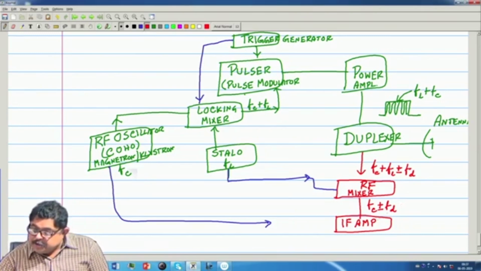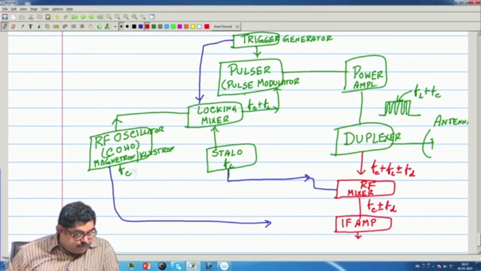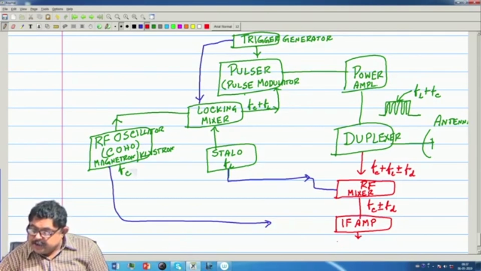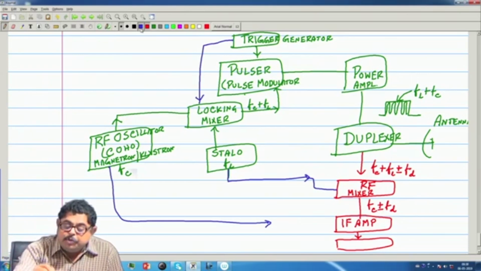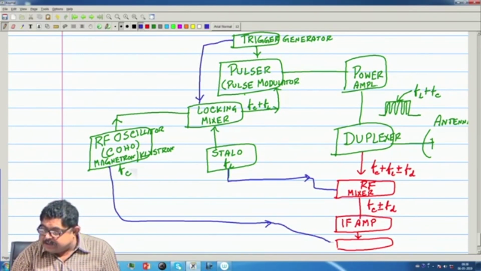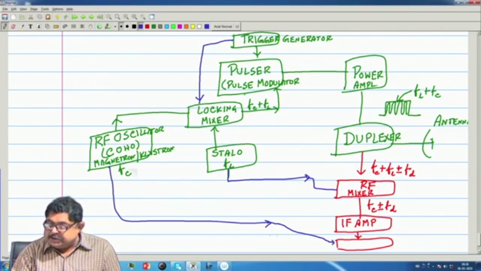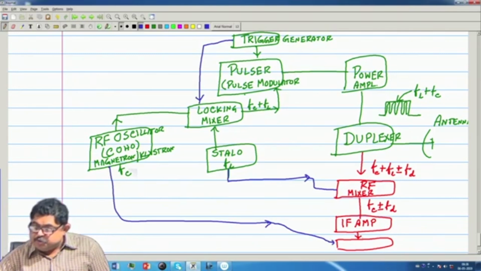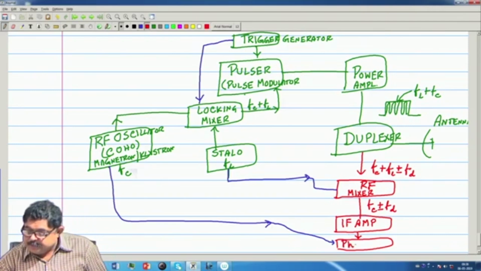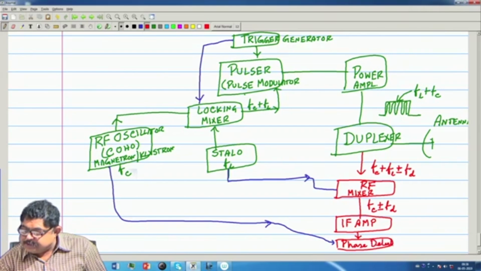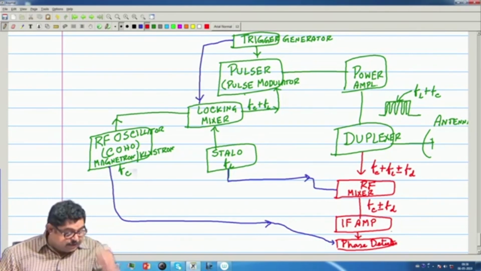Now, this IF amplifier output is put to a phase detector, but still we have FC. So, we will have to remove FC. That removal is done by putting the reference at this FC frequency here. So, this is a phase detector. Again, in CW radar we have seen what a phase detector is, basically a mixer with some additional circuitry.